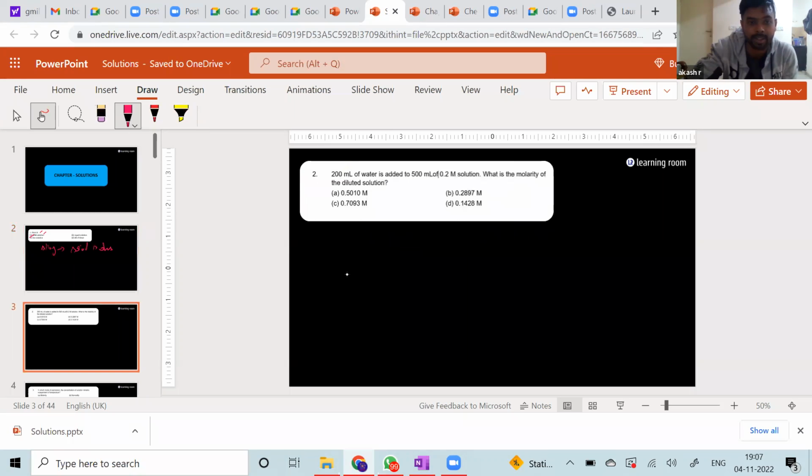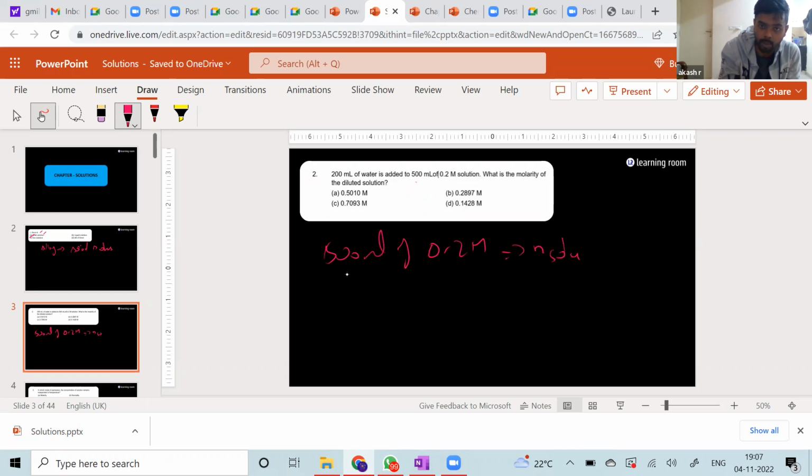Next. 200 ml of water is added to 500 ml of 0.2 M solution. What is the molarity of the diluted solution? Now it's very simple. Whenever you go for dilution, what you have to understand is that the number of moles of solute is not going to change. Only the volume is going to change. So in this 500 ml of 0.2 M solution, if I want to calculate the number of moles of solute, we know the molarity formula: number of moles by volume in ml into 1000 in the numerator.